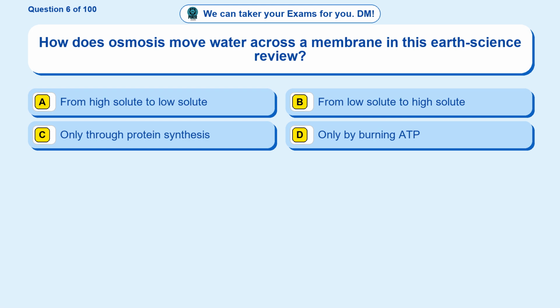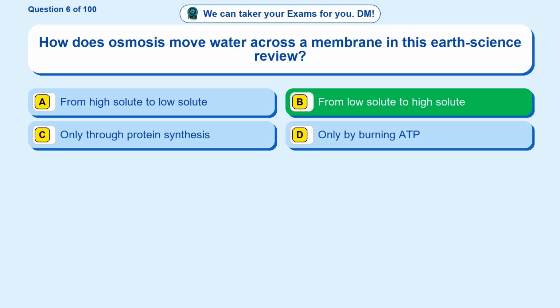Question 6. How does osmosis move water across a membrane in this Earth Science Review? Option A, from high solute to low solute. Option B, from low solute to high solute. Option C, only through protein synthesis. Option D, only by burning ATP.